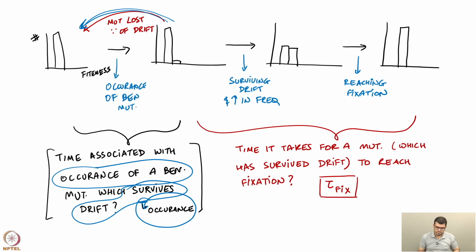Now, in the picture that we have sort of painted here, we have made an assumption that tau occurrence is much longer than tau fixation, and we will see how that is true. So, let us discuss the first case, that tau occurrence is much bigger than tau fix. What does this regime actually mean?